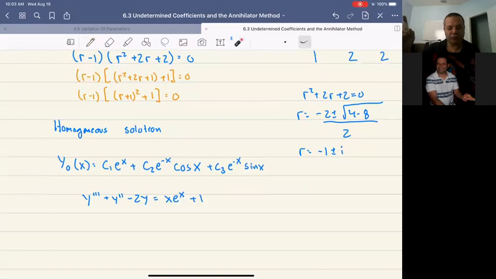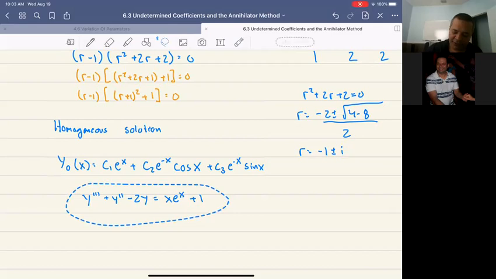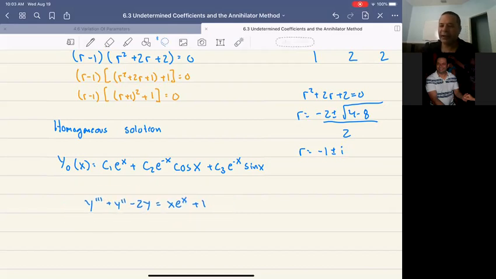So let's write this equation now in terms of our annihilators.